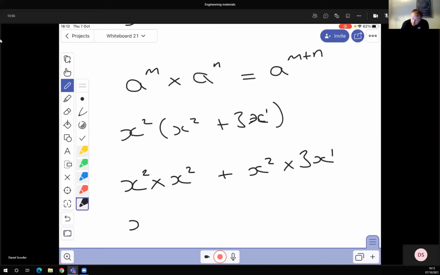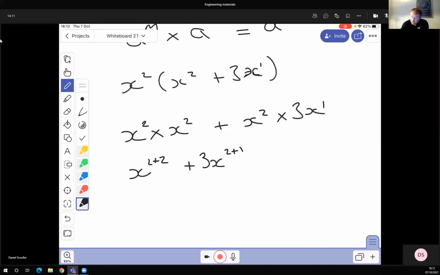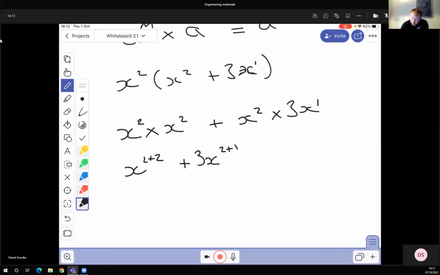So that multiplied sign in between is just adding those powers, adding those indices. And that'd be x squared times x to the power of 1, so x cubed. The numbers in front of it: put that number multiplied by that number, followed by the x, followed by the indices added together.